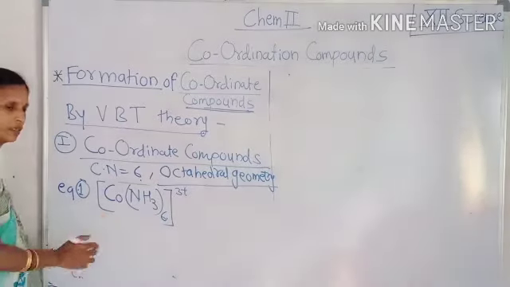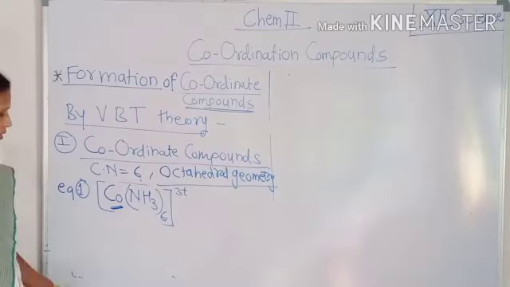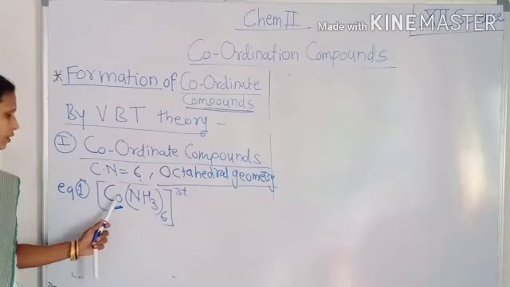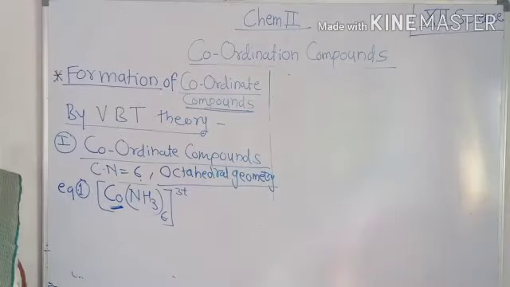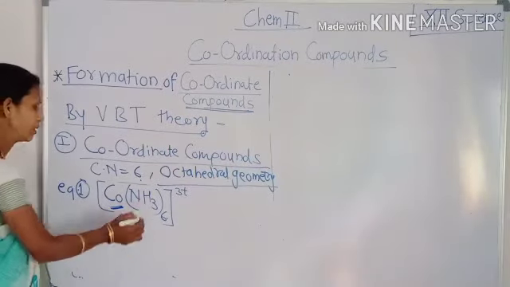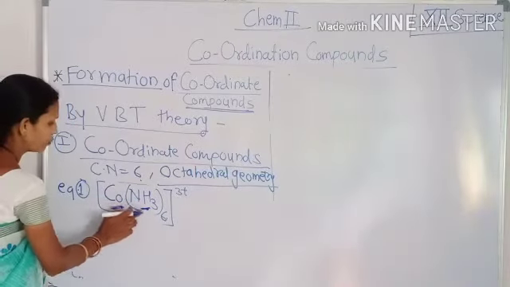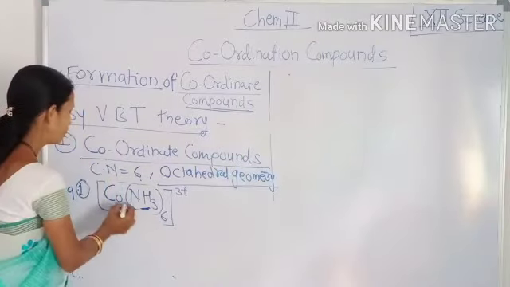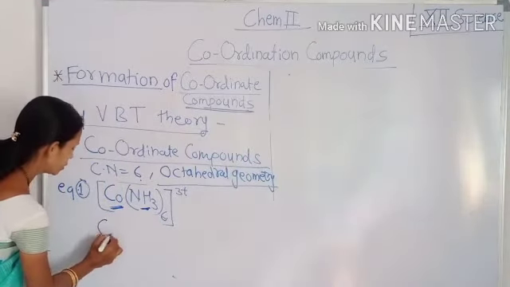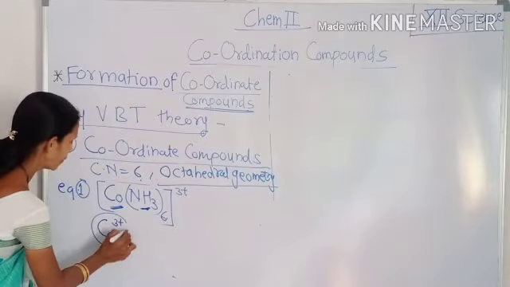See here, similarly we first have to determine the oxidation state of the cobalt ion, which is present at the center of the complex. As NH3 is neutral in nature, no charge is present on the amine ligand. Therefore here the central metal ion has oxidation state 3+.